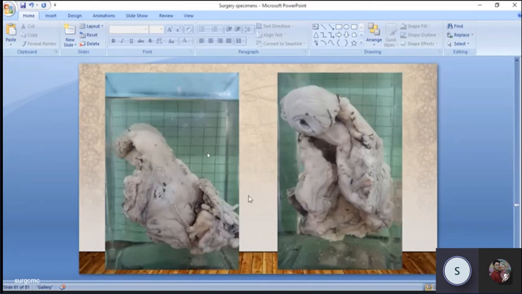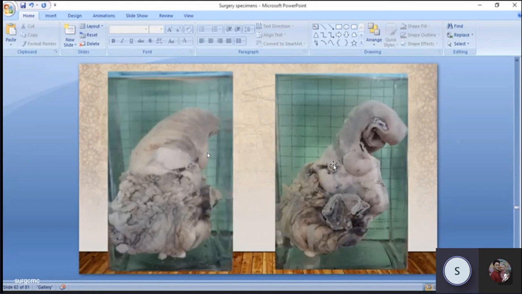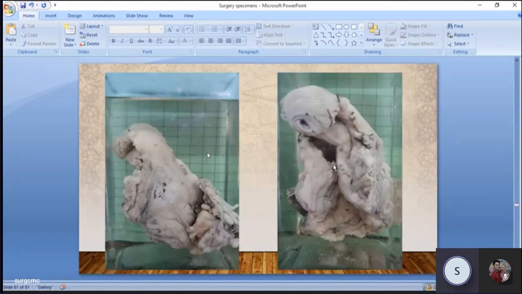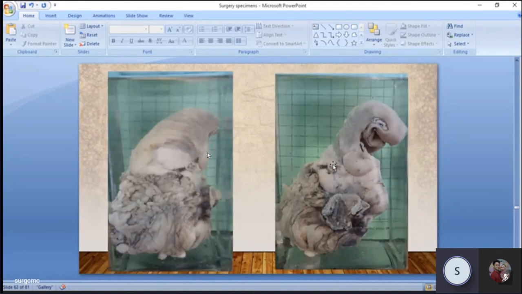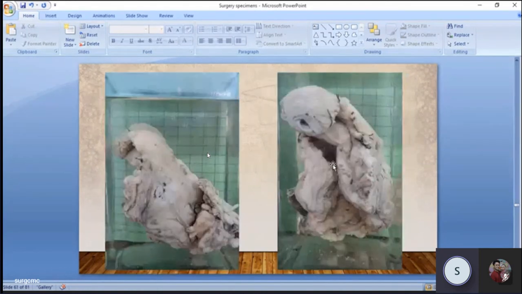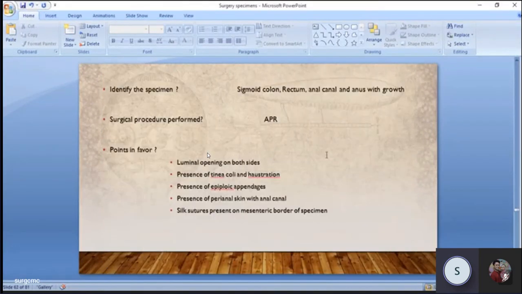Now come to this specimen. Try to identify. You might feel it is very difficult. This is a specimen involving sigmoid colon, rectum, anal canal, anus with growth.